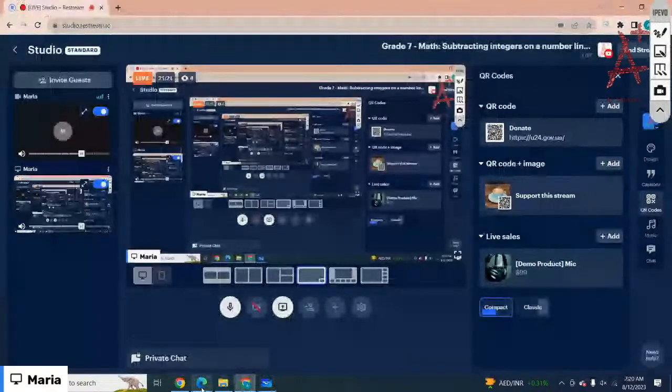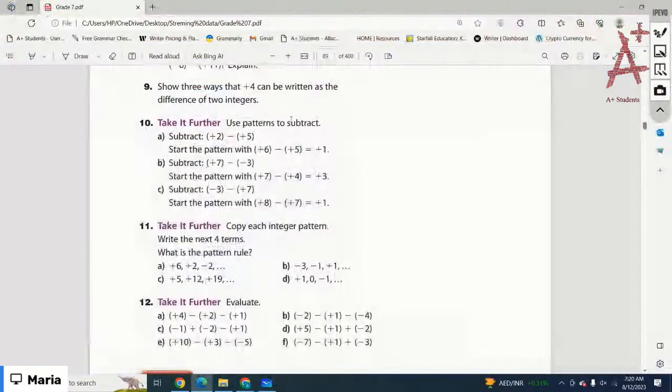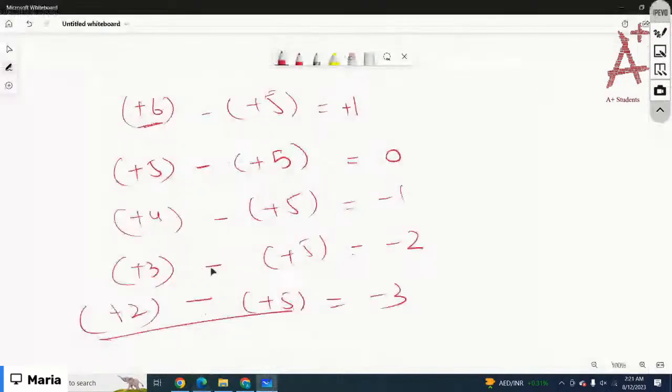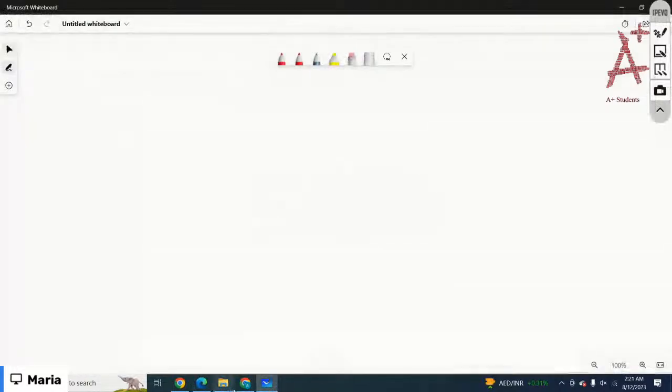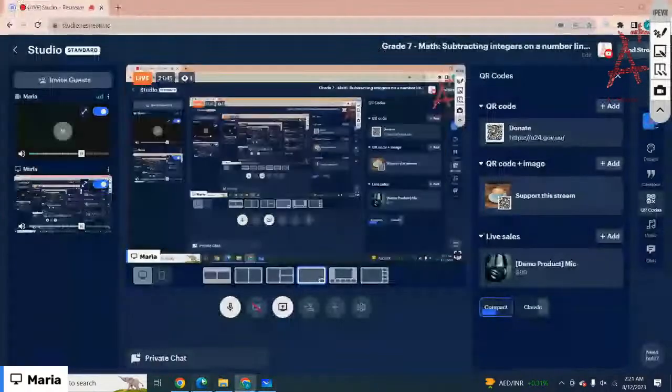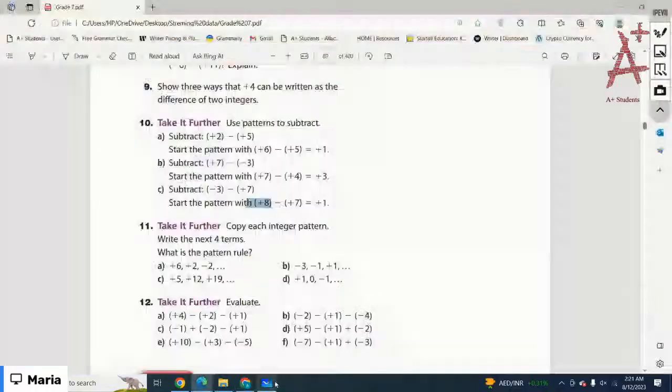Okay, the third one, negative 3 minus positive 7. We have to start with the pattern. You can see positive 7 is common. So I'm going to change the first integer. Decrease the first integer by 1 every time. Let me write. Positive 8 minus positive 7.